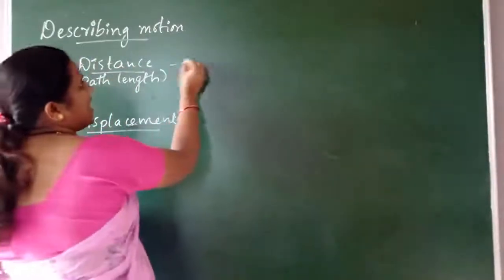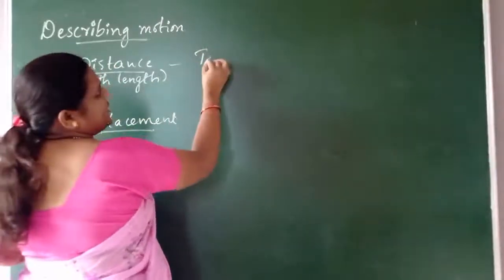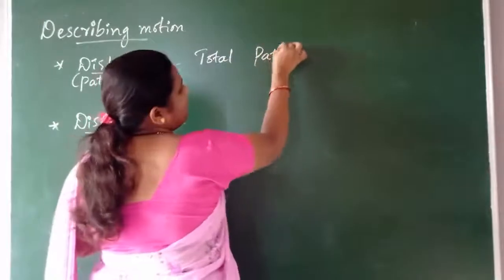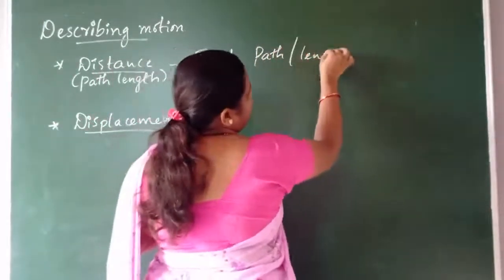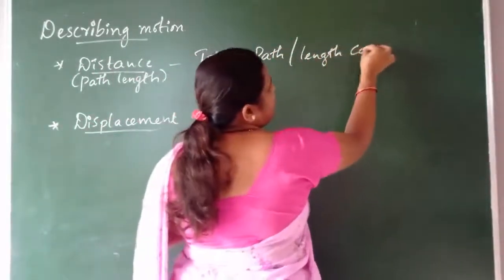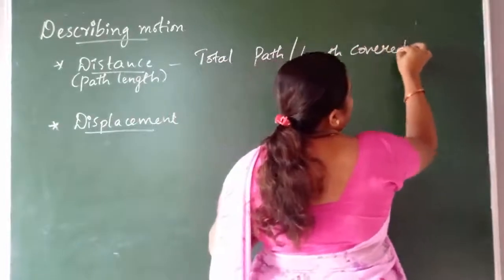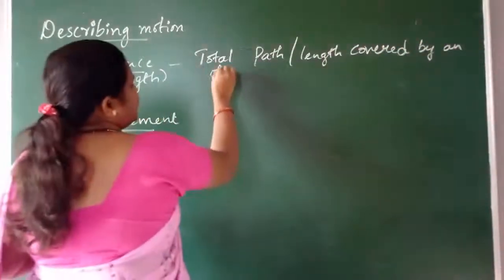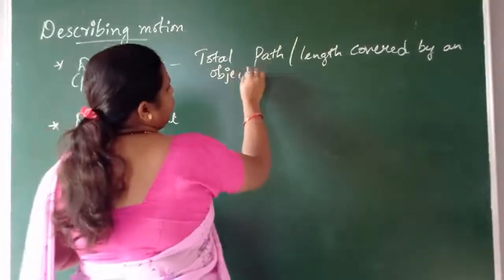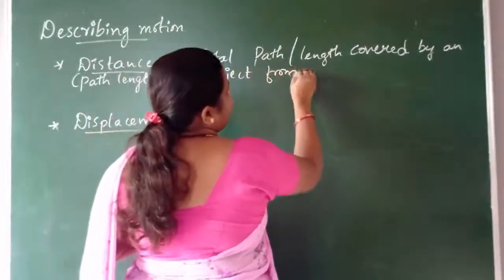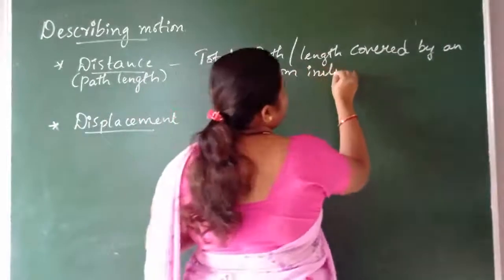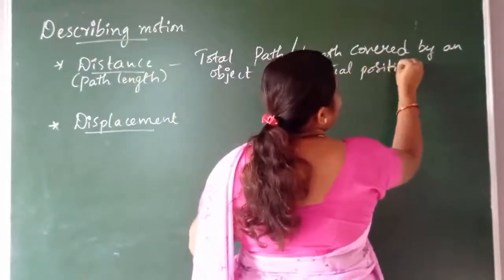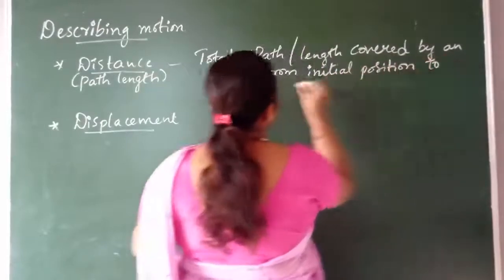So we can say that a distance is nothing but a total path or length covered by an object from initial position to final position.